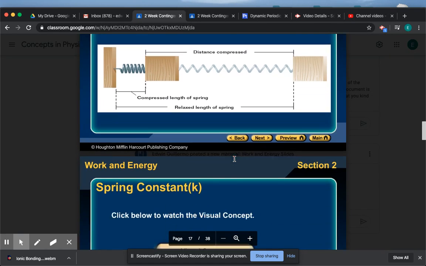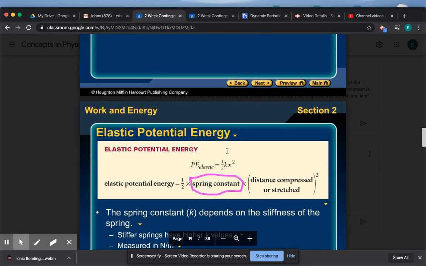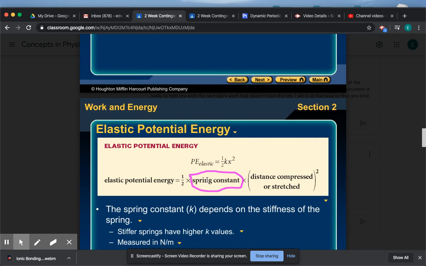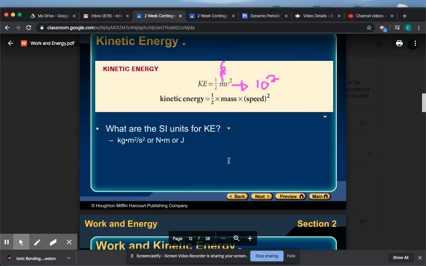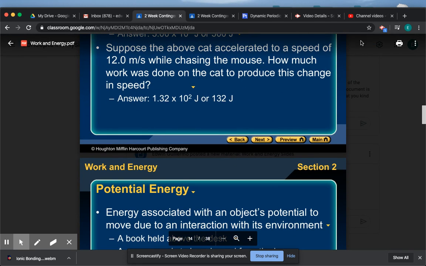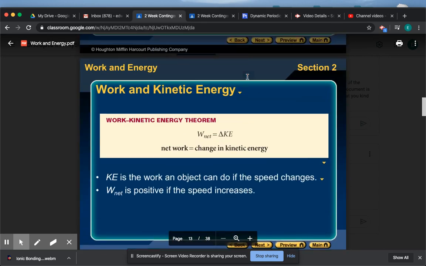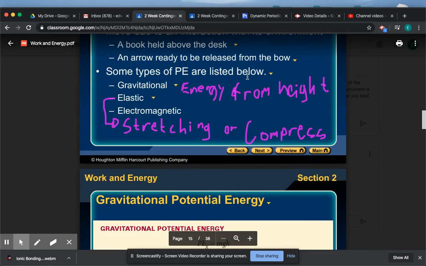And then the kinetic energy equation and the spring potential energy are similar. For the spring potential, it's just 1/2 kx squared, where k is the spring constant and x is how far you're stretching it. And the kinetic energy equation is 1/2 mv squared, which is the mass times the velocity squared. And that's it for the kinetic and the potential. And that's the energy section.